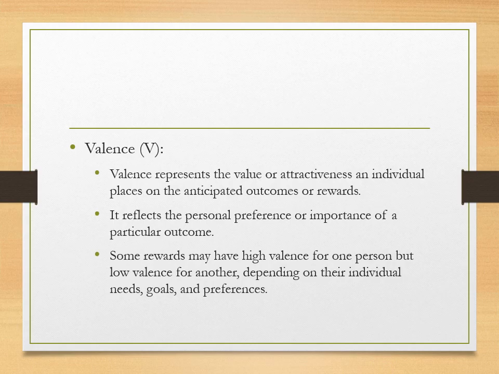For instance, if an employee prefers to get promotion, valence is positive. If an employee prefers not to get promotion, valence is negative. What does this imply? It implies that it reflects the personal preference or importance of a particular outcome. So if promotion is important for one person, the valence is high. Otherwise, the valence is low.